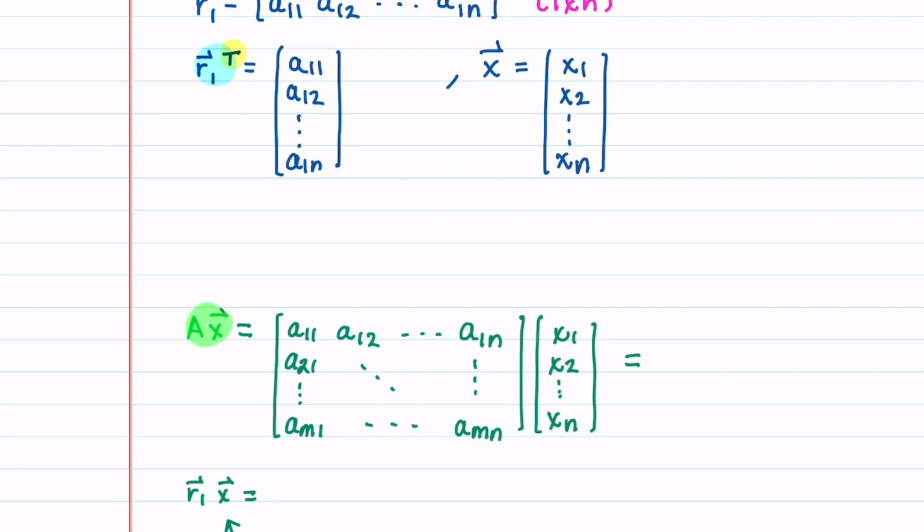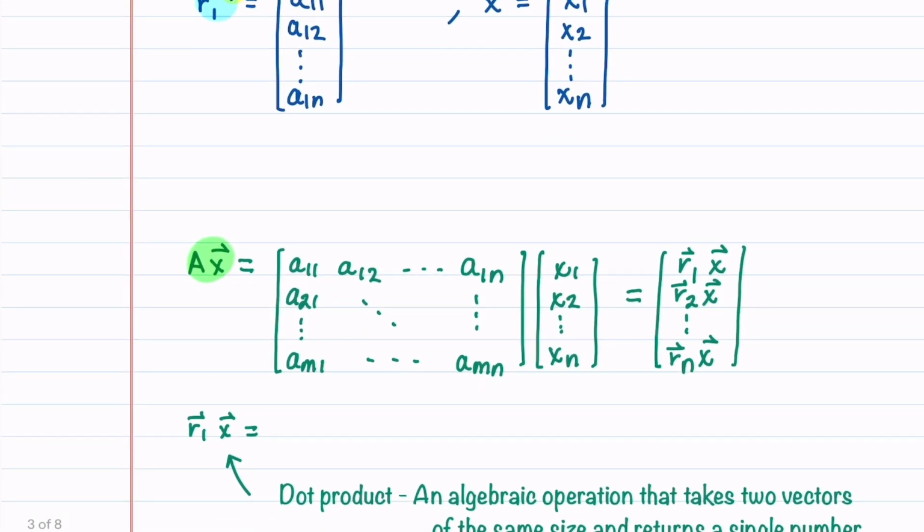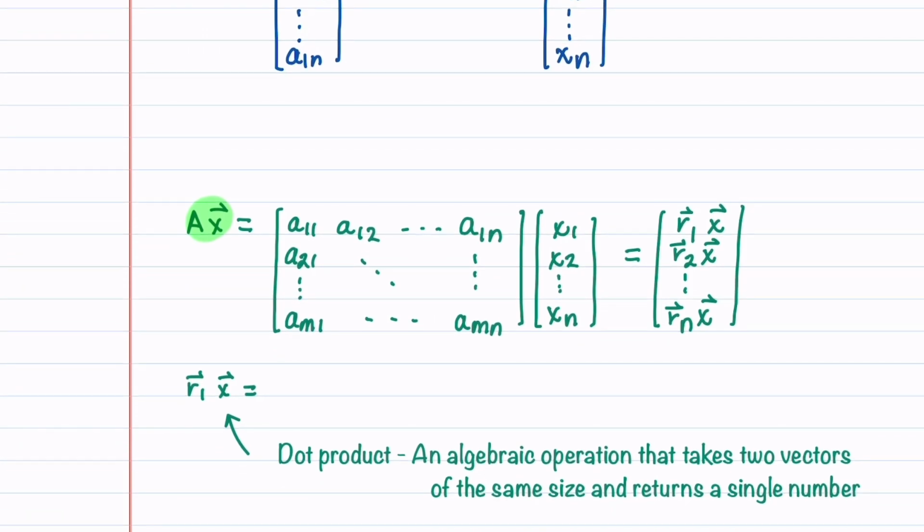When we multiply matrix A times vector X, we'll take the first row of A and multiply it by vector X. This gives us R1 times X. We'll then do this for all the other rows, and we'll get R2X all the way down to Rn times X. To multiply R1 times X, we need to understand what the size is going to look like.